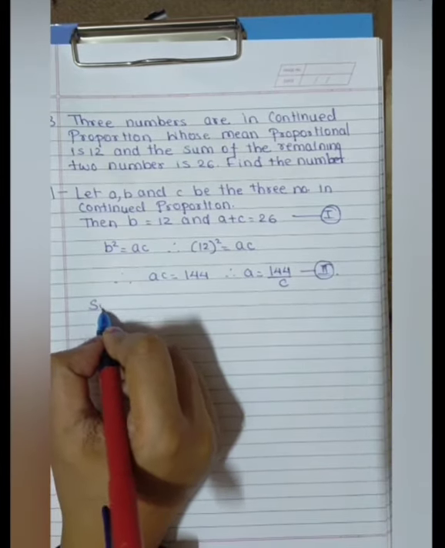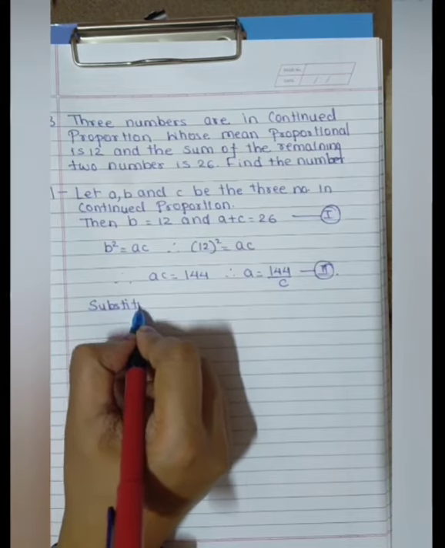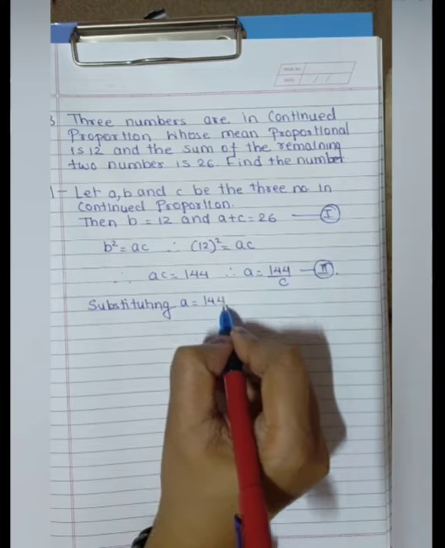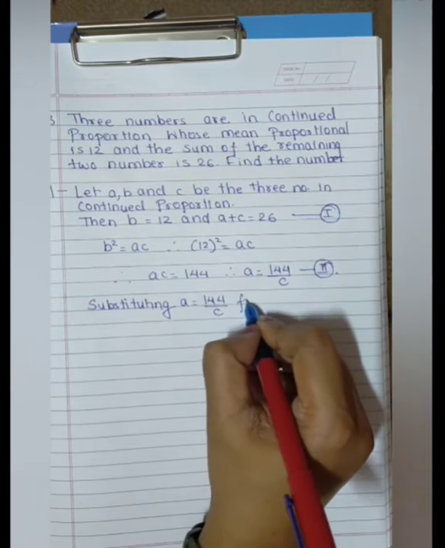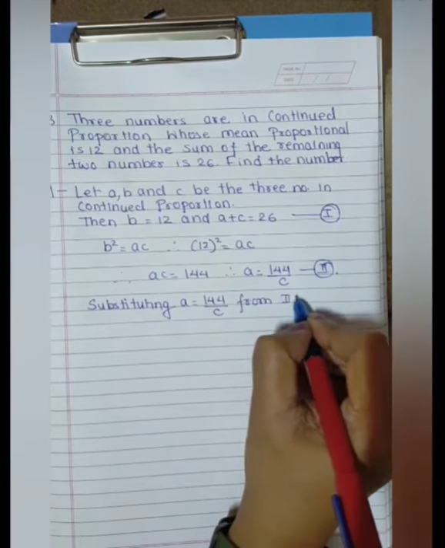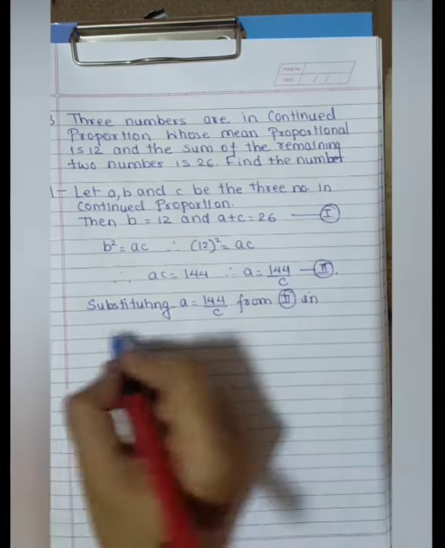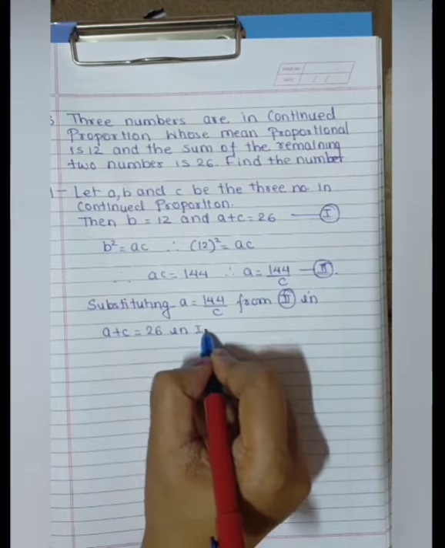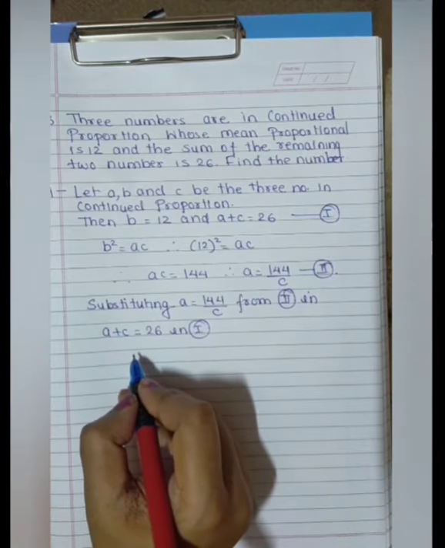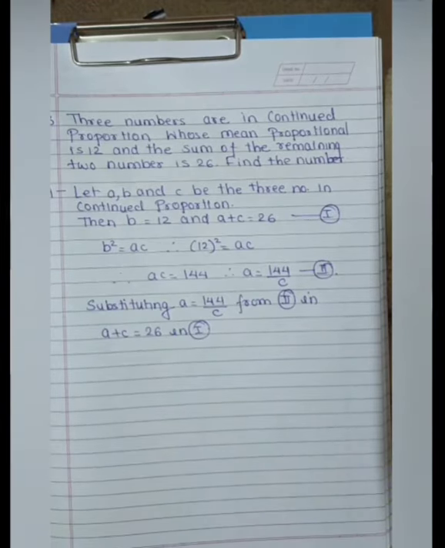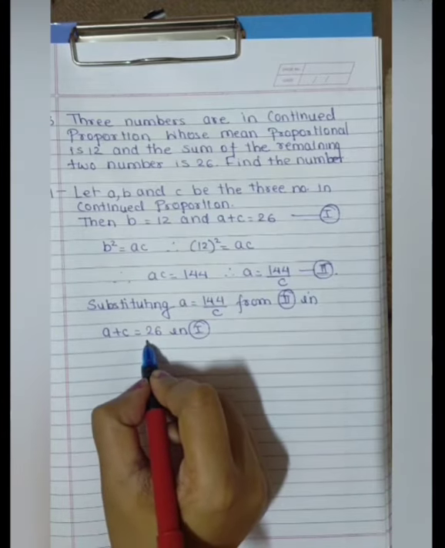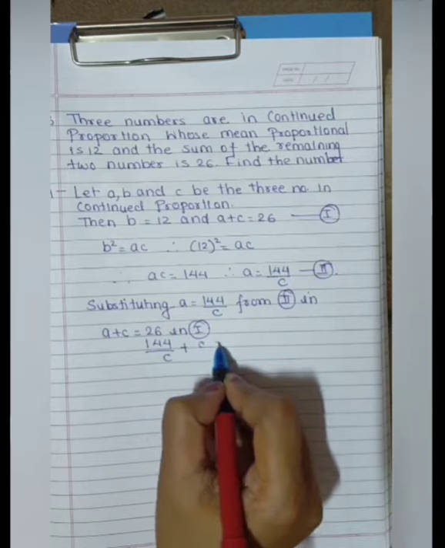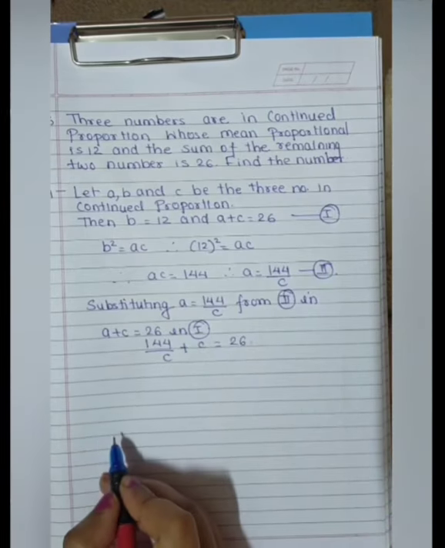Okay, now substituting A equal to 144 upon C from the second equation in A plus C equal to 26 in the first equation. So here 144 upon C plus C equal to 26.